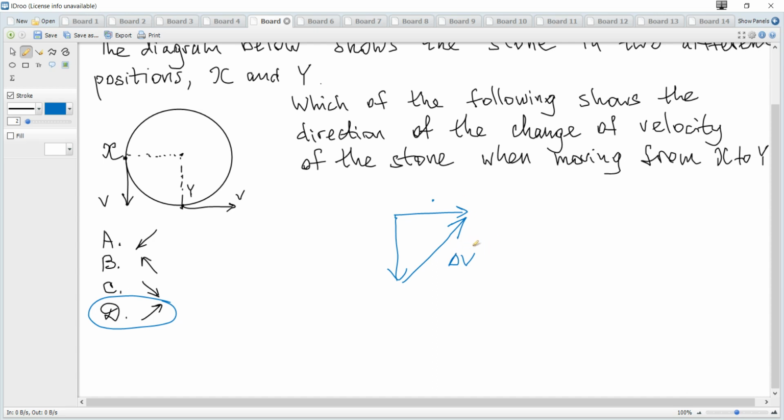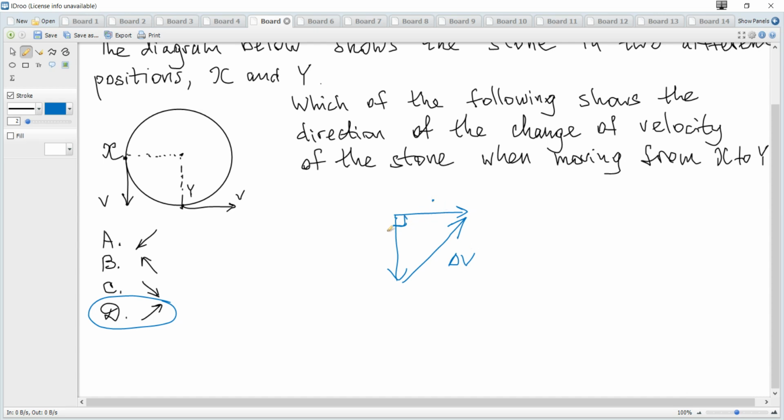And if you need the magnitude, you consider a triangle, and each side is equal to the length or magnitude of the corresponding vector, and from the triangle you can find the resultant magnitude of a vector. For example, we can find here the magnitude of the change in velocity.